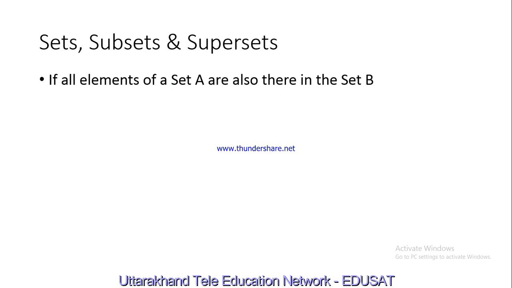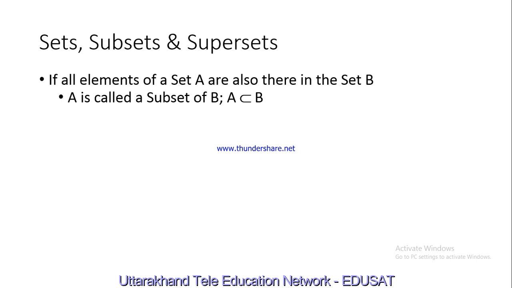Now please understand, if all the elements of a set A are also there in set B, so all the elements of set A are also part of set B, then in that case A would be called a subset of B, and this is the symbol that denotes the subset. So A here is a subset of B, and the symbol looks like a C. So basically this is a symbol used to denote a subset.